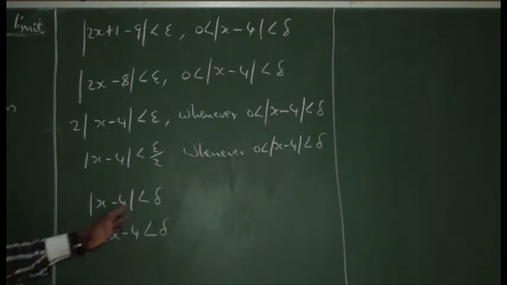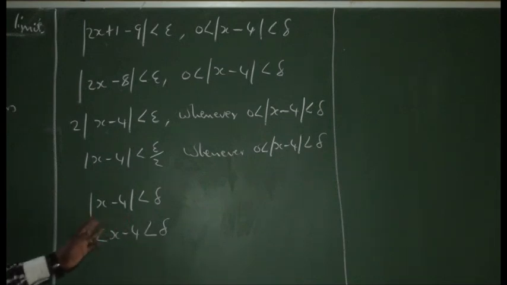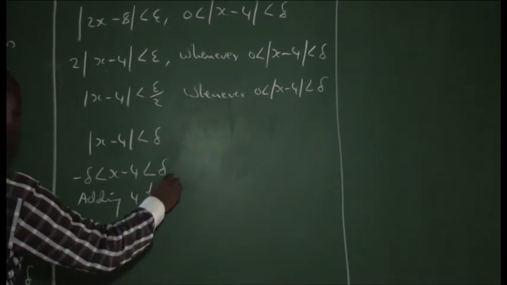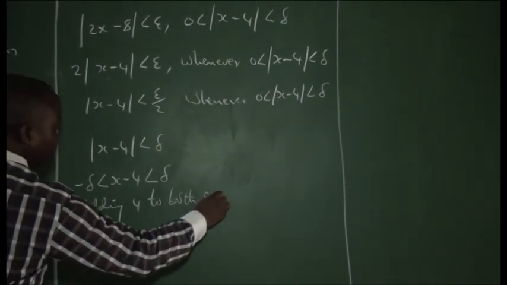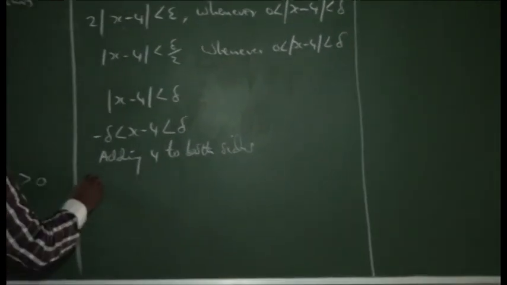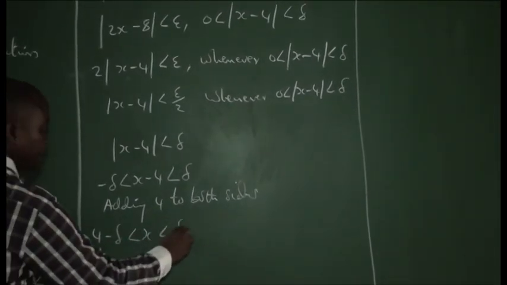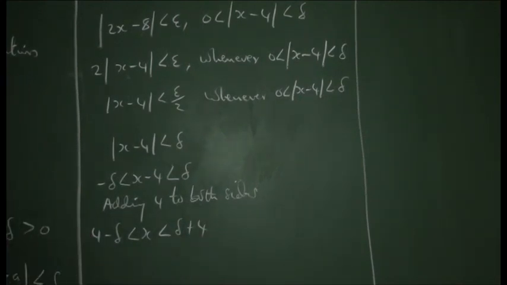This is how we can remove this absolute value. All right. Now I'm going to add 4 to both sides so that we'll get x. Adding 4 to both sides, we'll have 4 minus delta is less than x and less than delta plus 4.